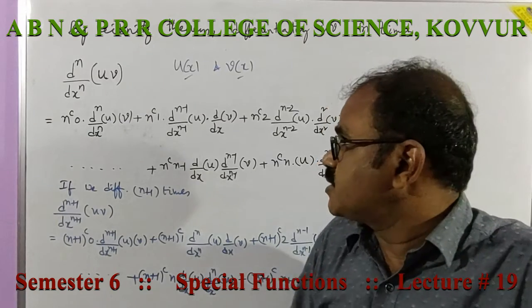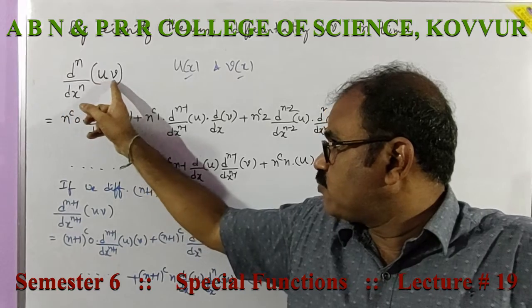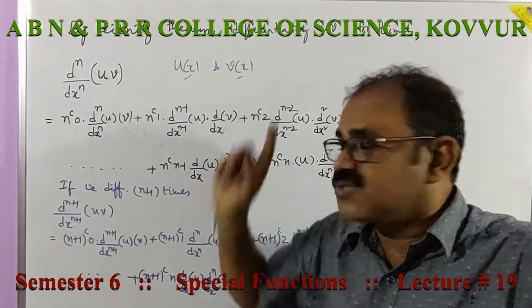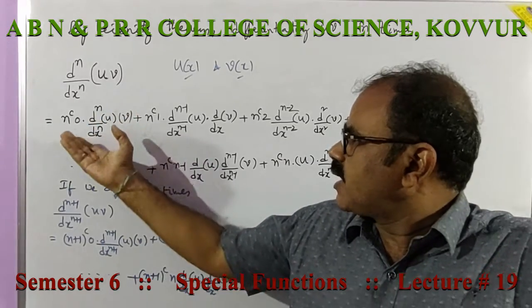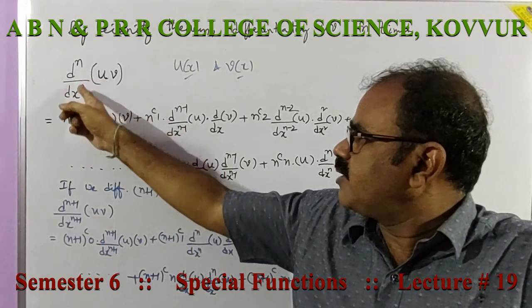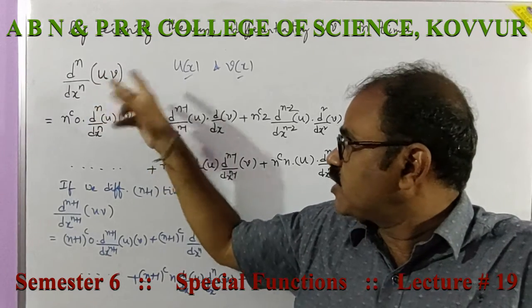What you get is, by Leibniz theorem, d power n by dx power n of u into v, where u and v are two functions in x.